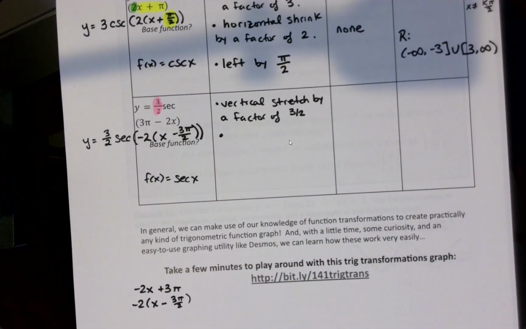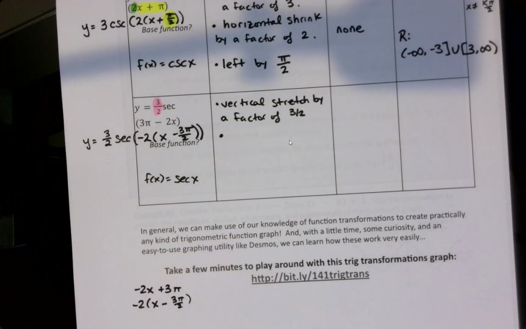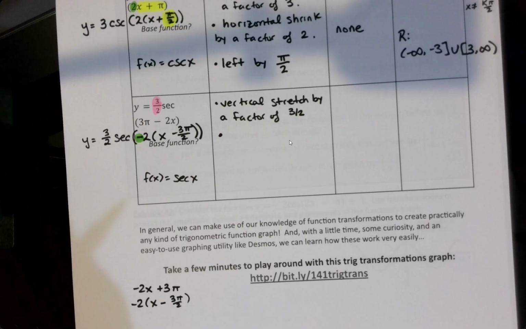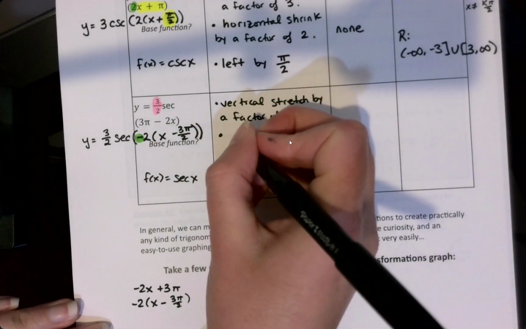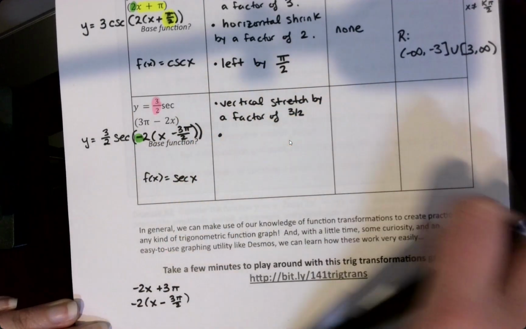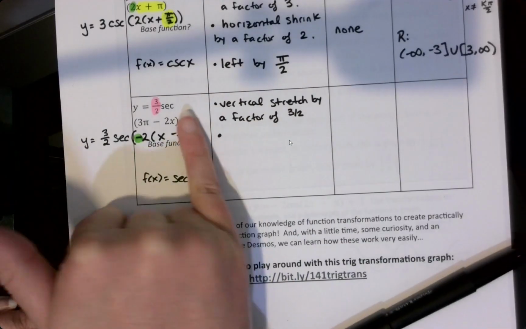So there's a lot going on. We've got our 3/2 is our vertical stretch. The negative on this -2 is a reflection across the y-axis. That's the x reflection. So we're going across the y-axis.